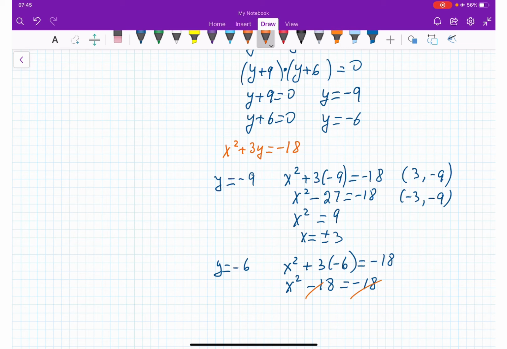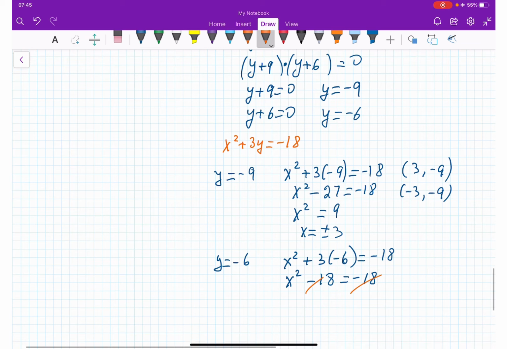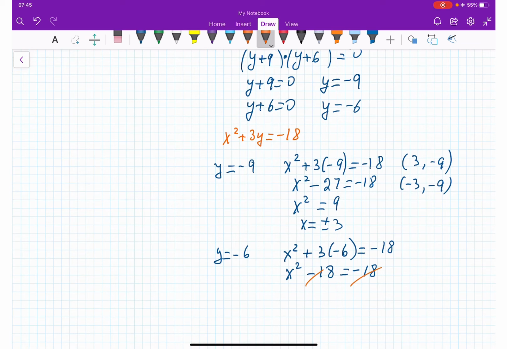When on the two sides of the equal sign you have the same sign and same number, you can cancel, because once you move, you get one positive, one negative, and you get 0 anyway. And we get x squared equals 0, x is equal 0. So for the second one, we are getting 0, negative 6.